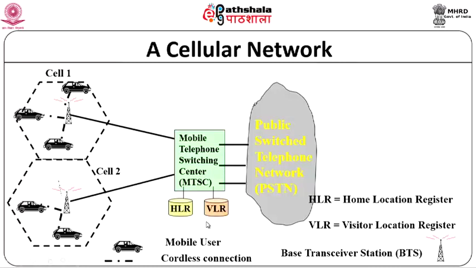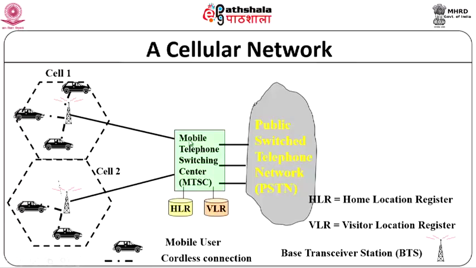Remember that with the cellular network we support mobility and people can move from one area to another, and also from within the control of one MTSC to another MTSC. So, when you have users moving from one MTSC to another MTSC, the details of those who are visiting that area are kept in the visitor location register.